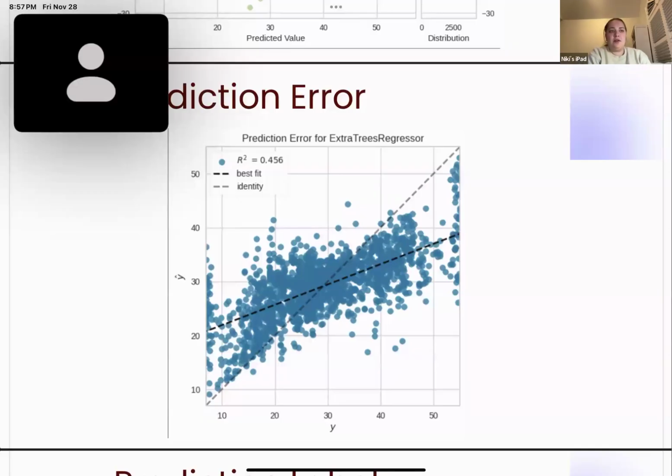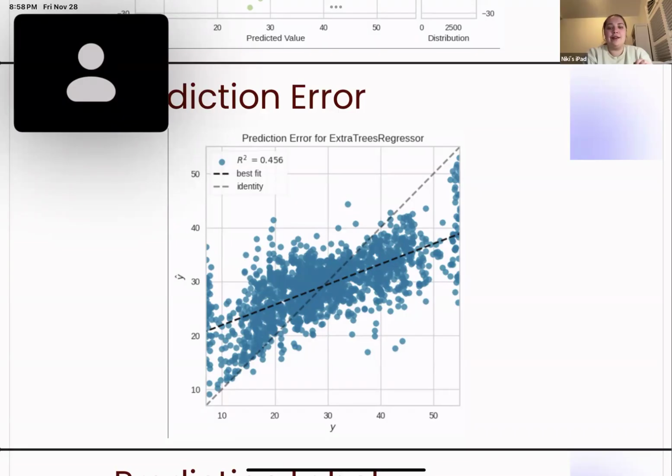Here you can see the predicted versus the actual UPDRS scores for the extra trees model, specifically the prediction error for this model. The dashed line is the ideal or perfect prediction line, where the prediction equals exactly what we want it to be.